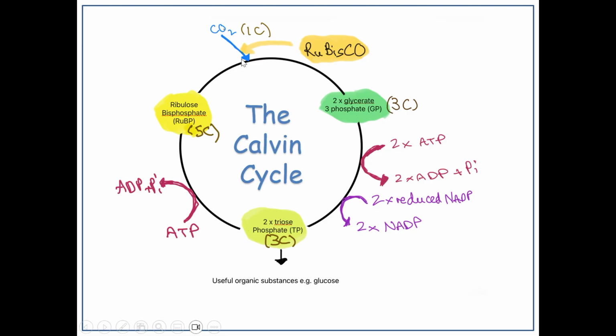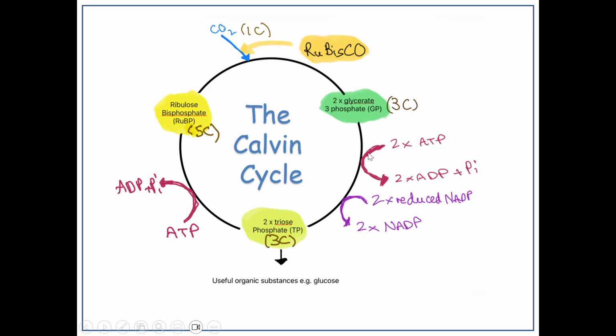You've got carbon dioxide, which is 1 carbon, joining with the 5-carbon ribulose biphosphate, catalyzed by Rubisco. That turns into a 6-carbon compound, but that quickly splits into 2 molecules of glycerate 3 phosphate, which are 3 carbons each.